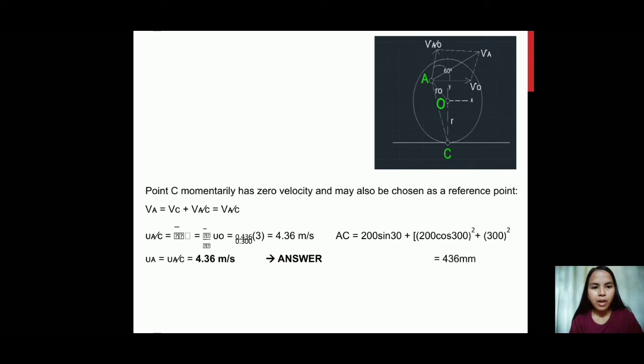So 0.436 divided by 0.300 times the velocity of A over C is equal to 4.36 meters per second. And since velocity A is equal to velocity A over C, we can get that velocity A is equal to 4.36 meters per second. And that would be all. Thank you.